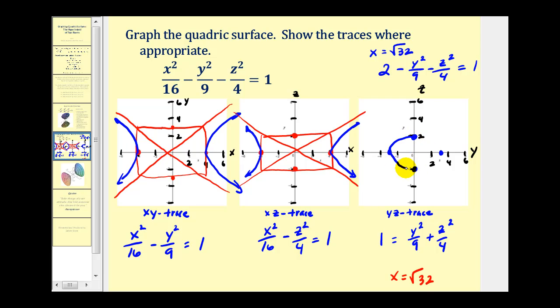And here is our elliptical trace. Again, this is not the yz trace, it's the x equals square root 32 trace. But it does tell us if we take a look at just the yz plane, we should see an elliptical trace. If we put all these traces together, it will produce a hyperboloid of 2 sheets.